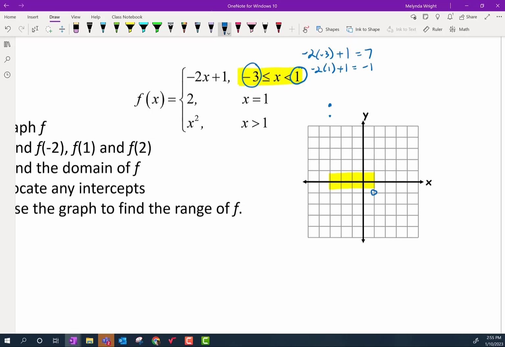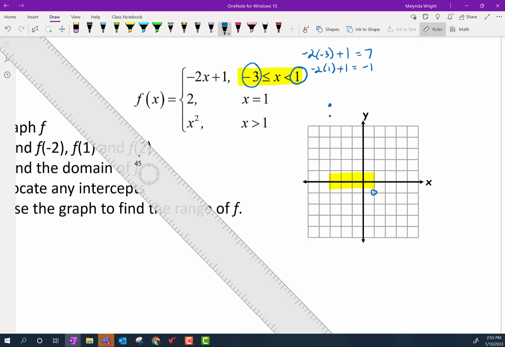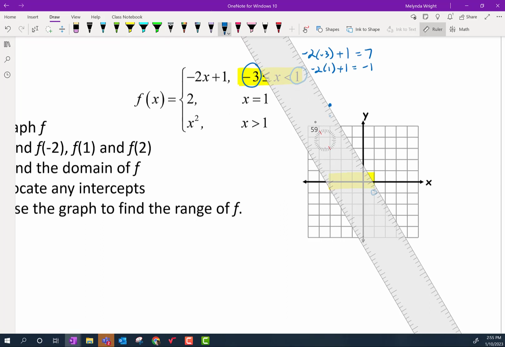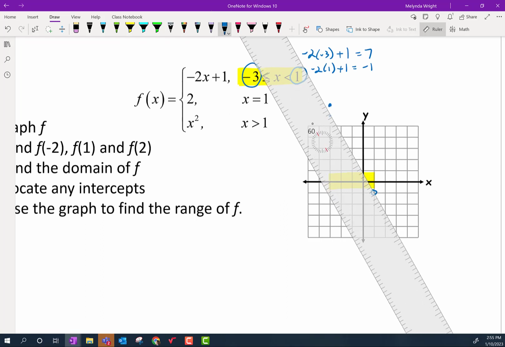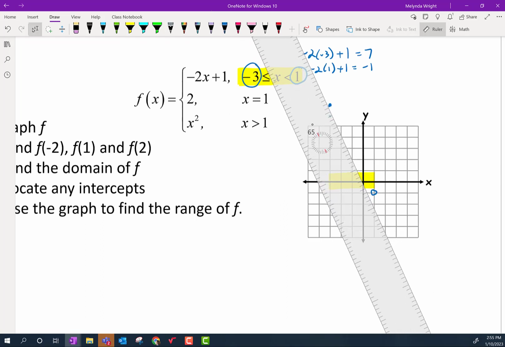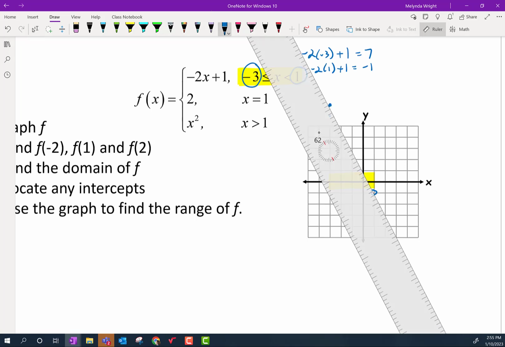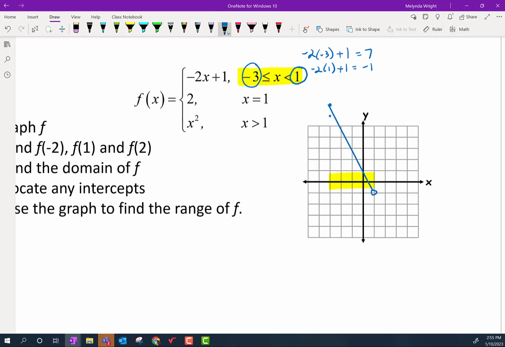Now, since that's just the equation of a line, and I have 2 points on the line, what I would like to do is just use a ruler and connect the 2 points. If you want to calculate more points between there, you certainly can. That'd be perfectly fine. I kind of want to stop and use the ruler. Okay, so there's that piece from -3 to 1.